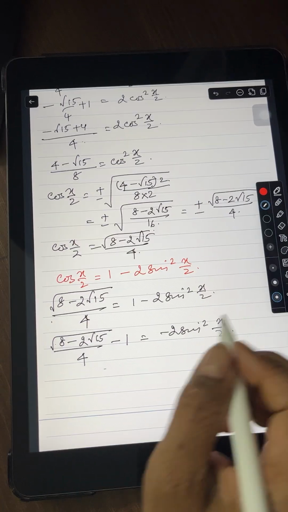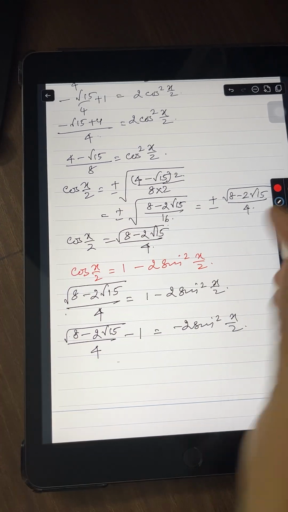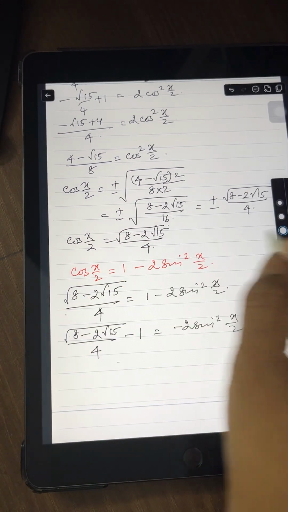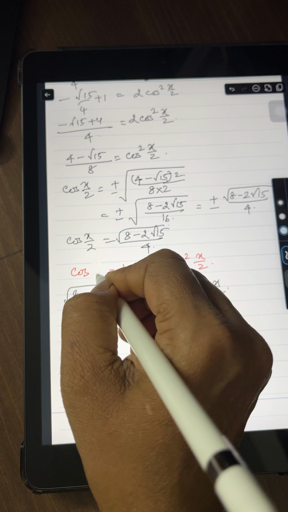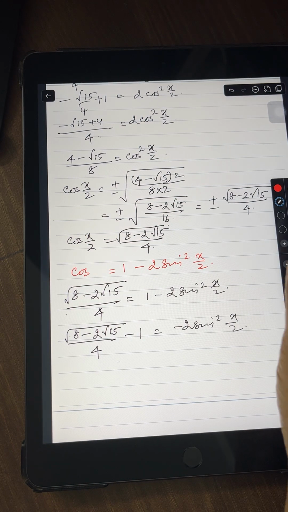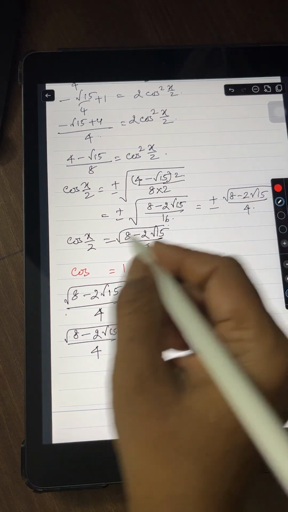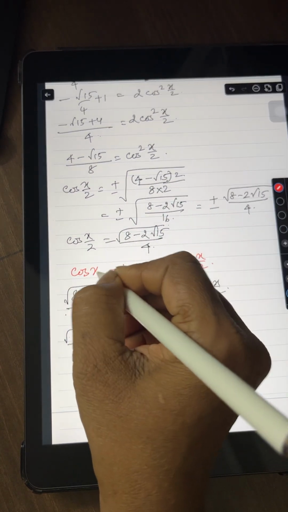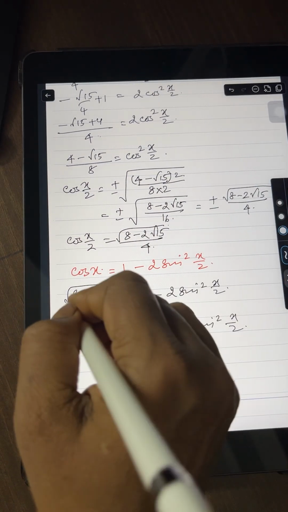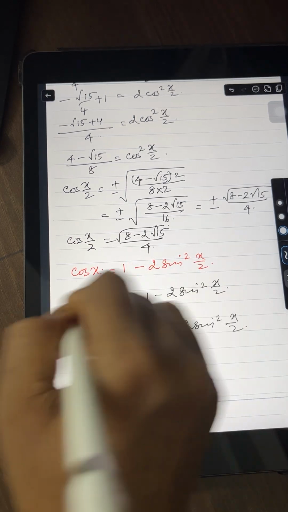If I take this here, oh sorry, this is not the formula. It is not cos x by 2, it is cos x. Okay, this is wrong.